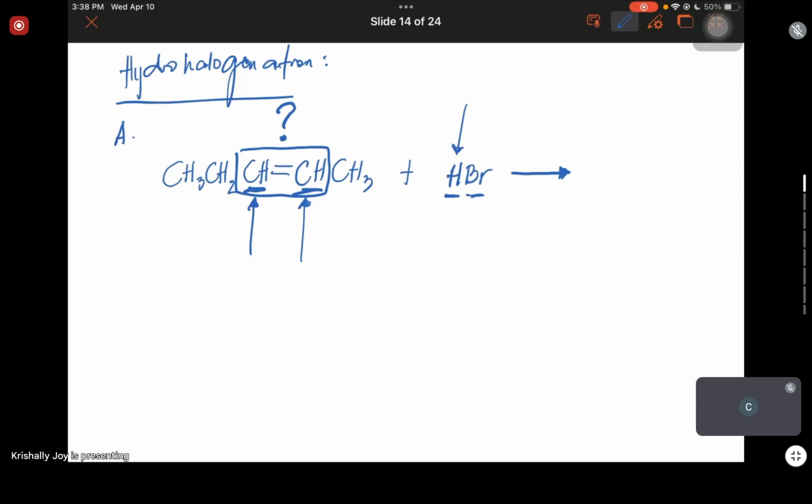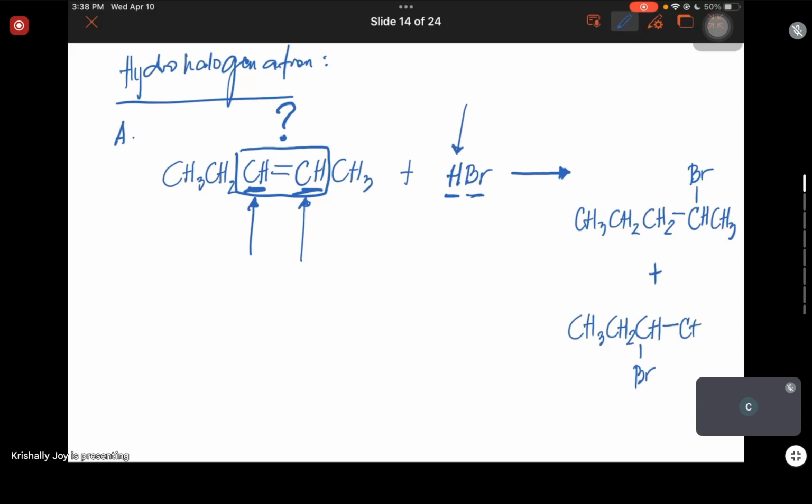No one has the advantage, so to speak. Okay, so one product would be CH3, CH2, then here the hydrogen, so it becomes CH2, and then single bond, CH bromo, then CH3. Then the other product, the hydrogen can also go to the other side: CH3, CH2, then here the bromo.